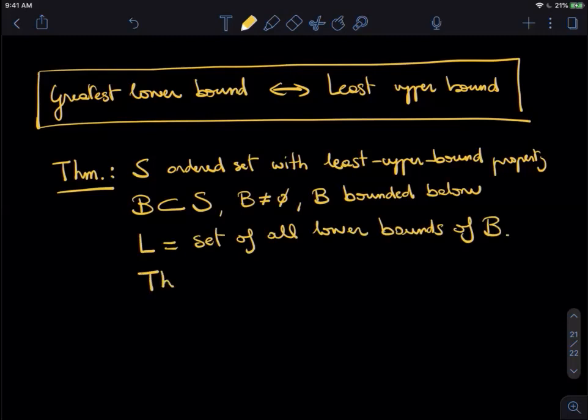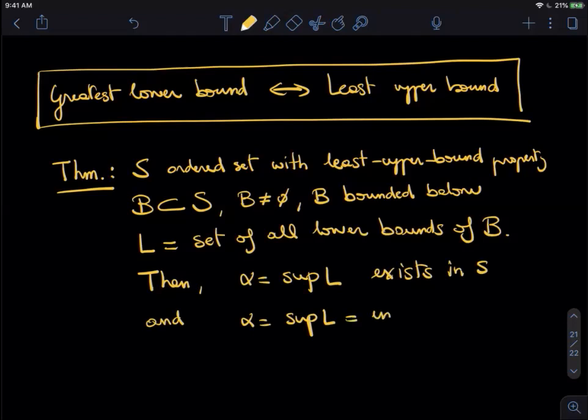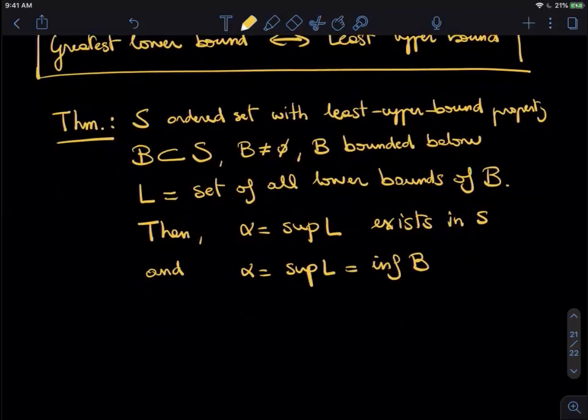In these circumstances, then alpha, that is the supremum of L, exists in S, and this is the important thing, the supremum of L is equal to the infimum of B. Okay, so this means, in particular, that the infimum of B exists in S.